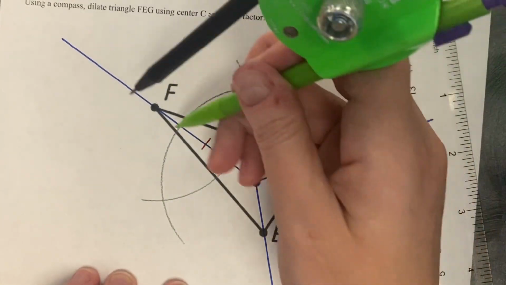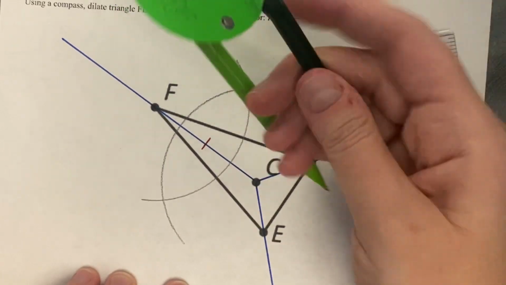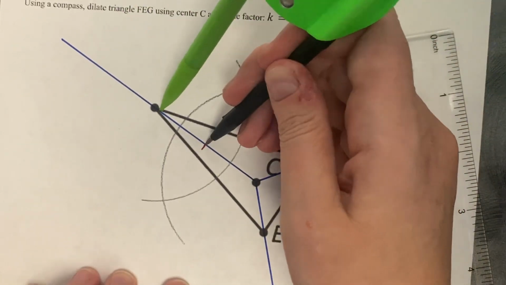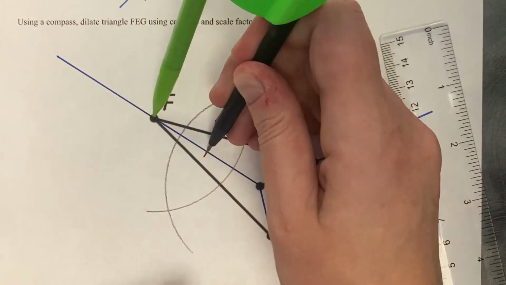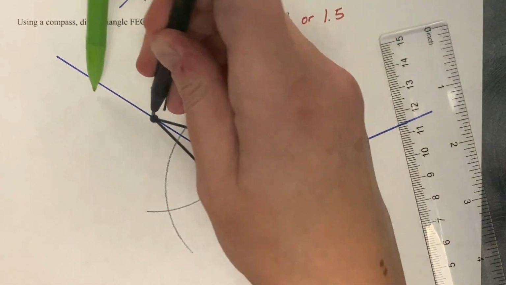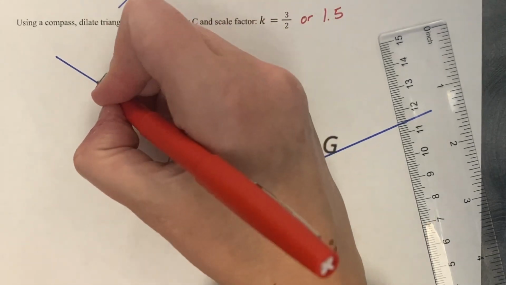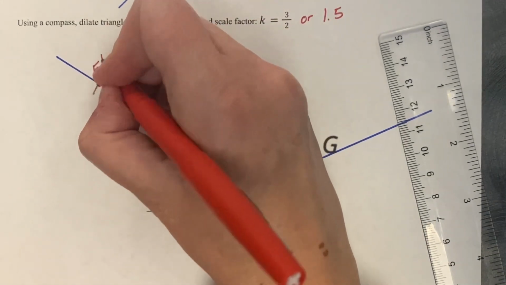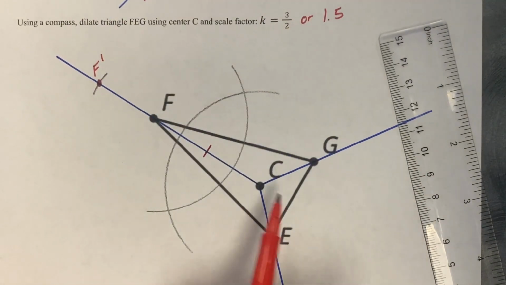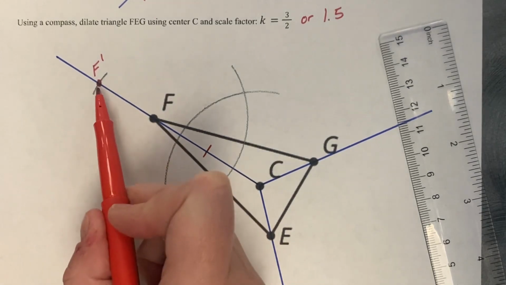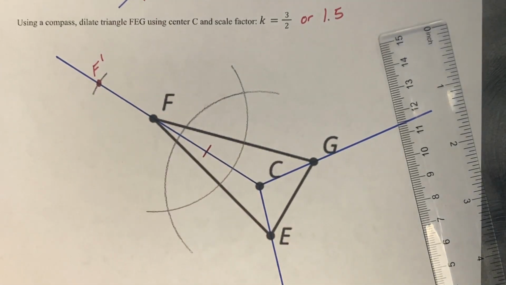So remember, C to F is the 1, and now I just need the half. So from the midpoint to vertex F, and now I can mark that up here. So that's our new F prime. So 1 unit and a half, 1.5.